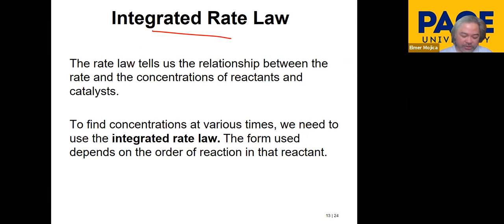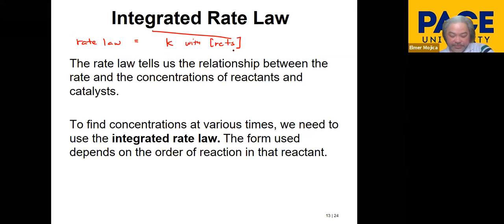When we're talking about integrated rate law, we're looking at the relationship of the reaction rate with time. So the rate law, what's the relationship that we have with the rate law? Usually, it's the relationship of k with the concentration of the reactants.